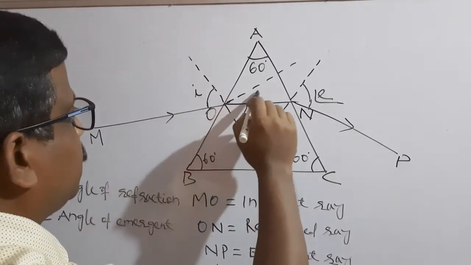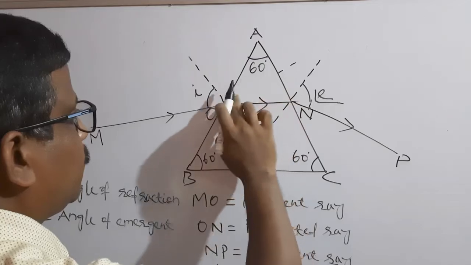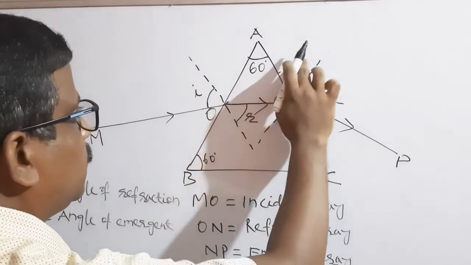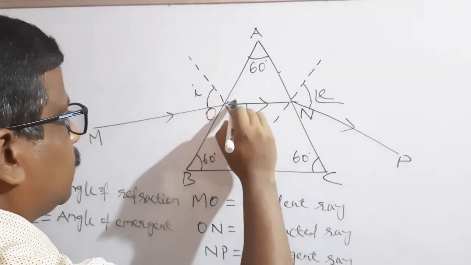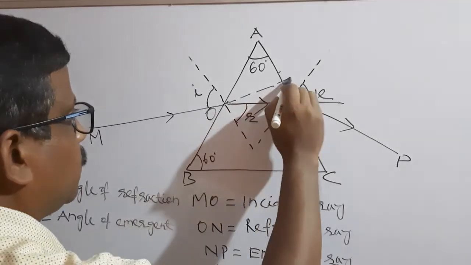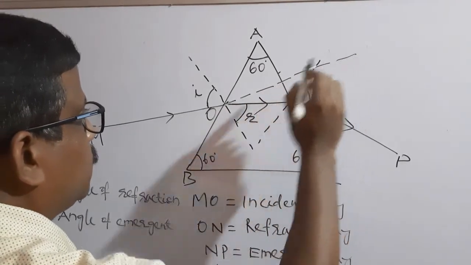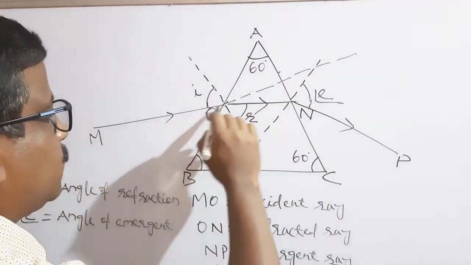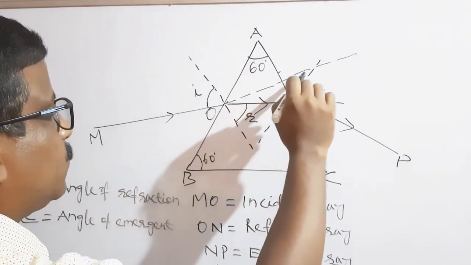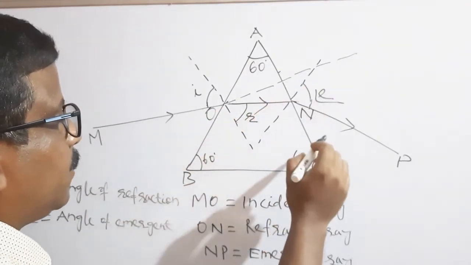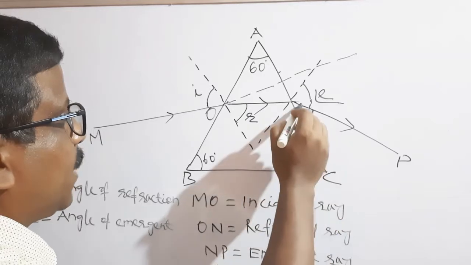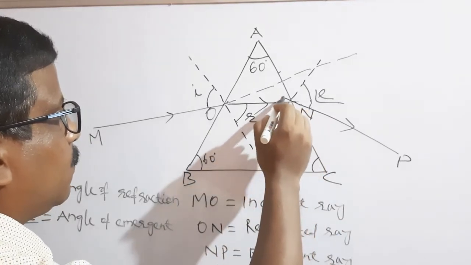In this direction. It is looking a little bent, I am drawing this one straight. So if we produce it forward, the incident ray will move in this direction, and the emergent ray, if we produce it backward, where will it go?